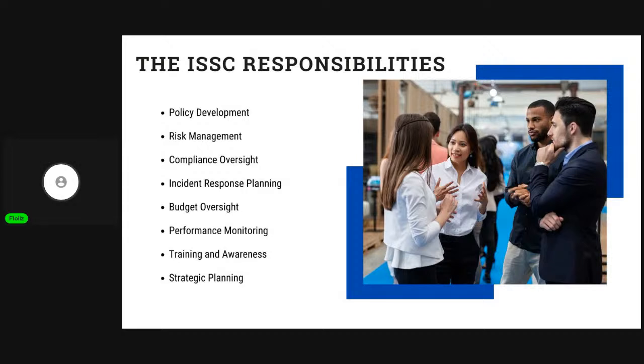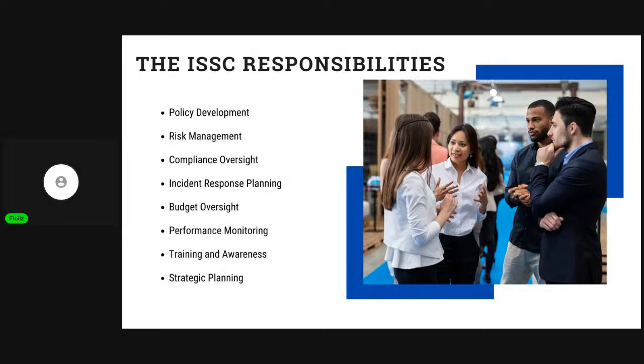They will look at all these information security standards, industry regulations, and see what the institution should adopt and comply with. So from time to time, the committee members should always be updated with emerging laws and regulations emanating from either the Securities and Exchange Commission, the Central Bank of Nigeria, the Nigeria Data Protection Commission, so that the institution is not found wanting in any way.